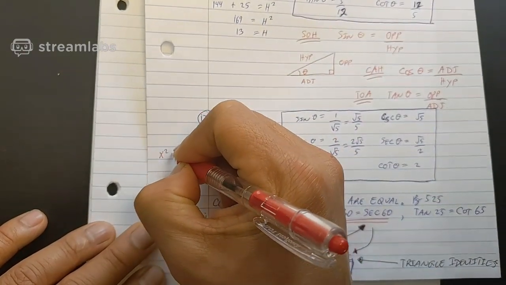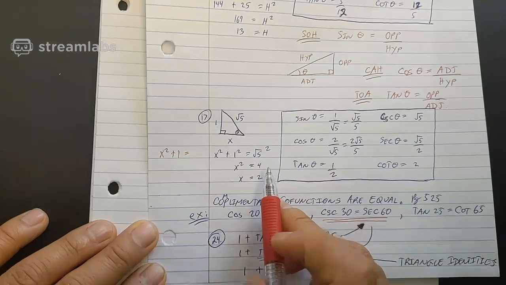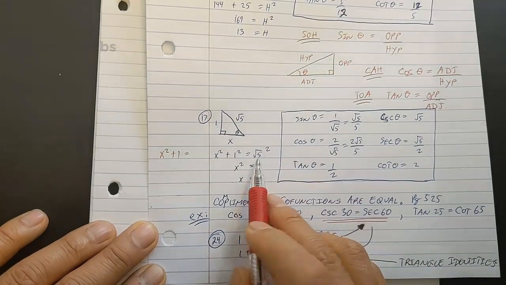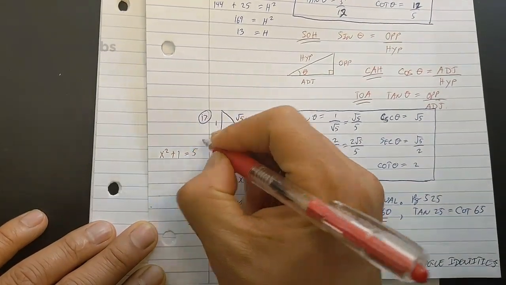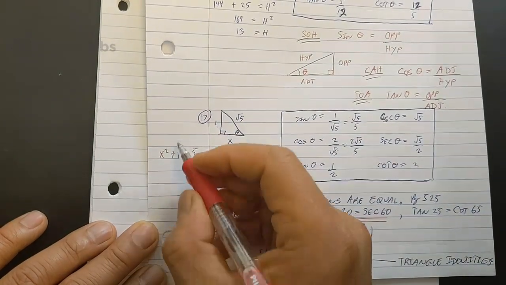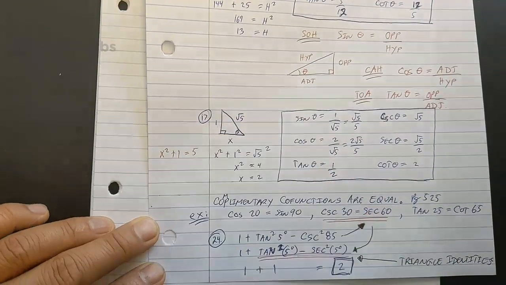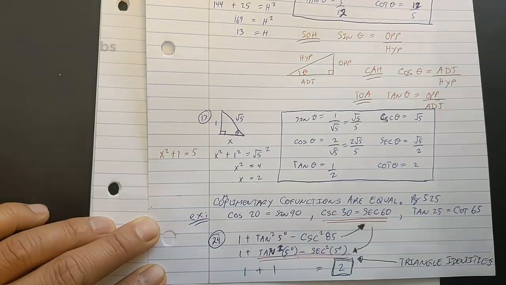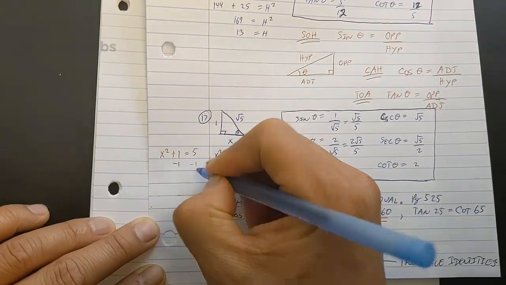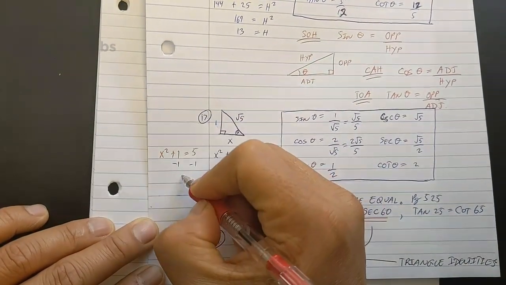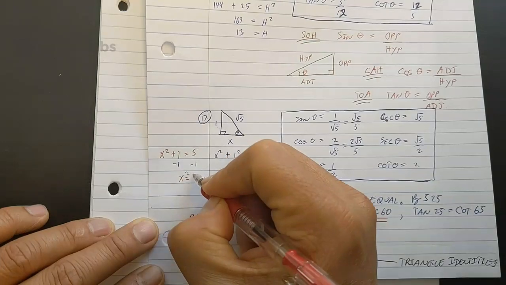We get x squared plus 1, which is equal to 5. Subtract the 1, and x squared is equal to 4.